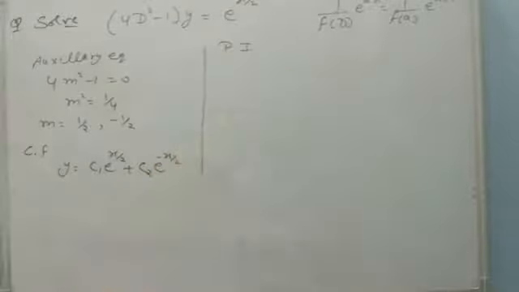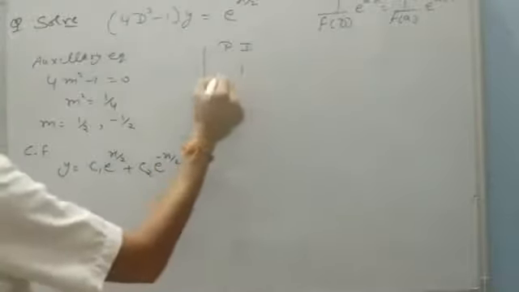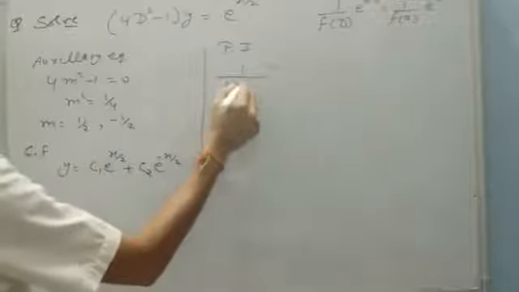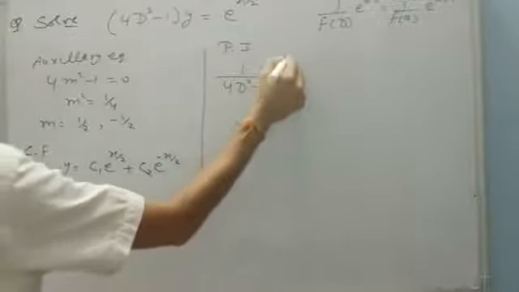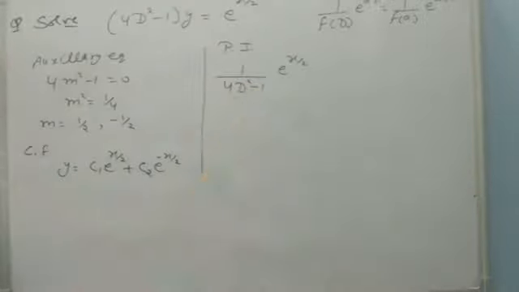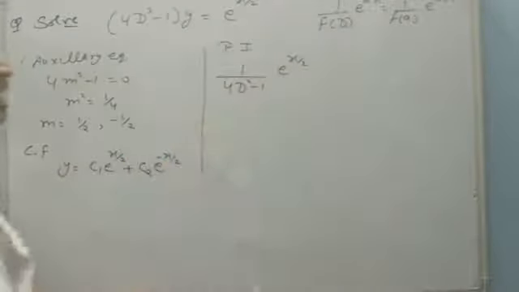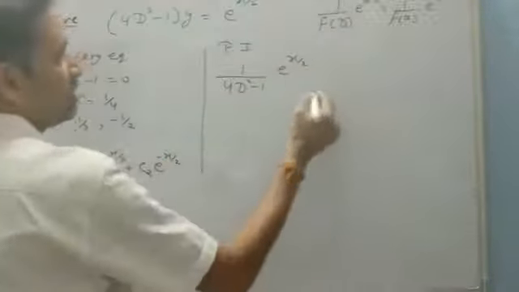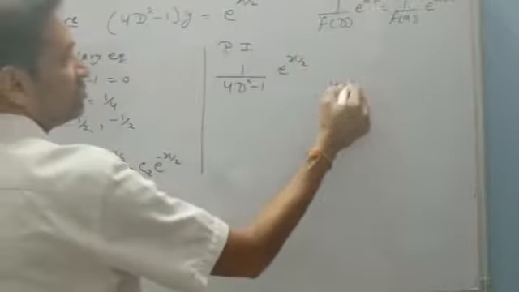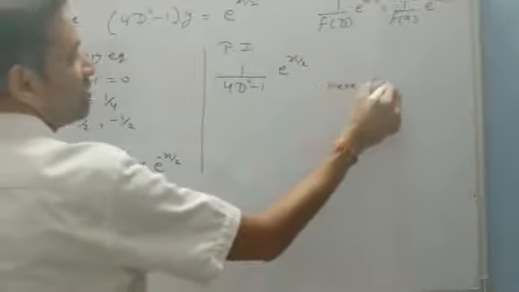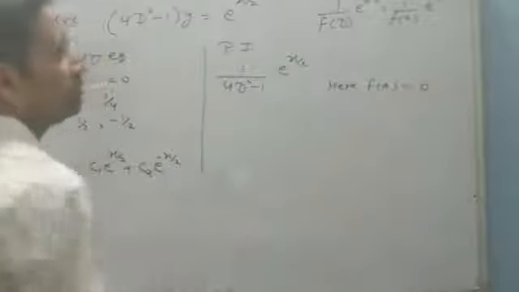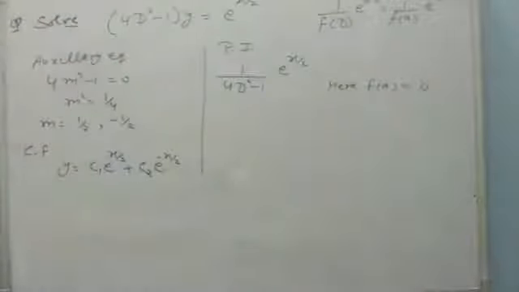In the case of the particular integral, the expression will become 1 upon 4D square minus 1 e to the power x by 2. When I apply the coefficient of x in D, I will get 0. Here f of a equals 0, which means I can't directly apply the value of D as 1 by 2.